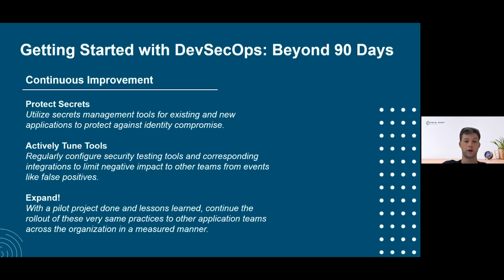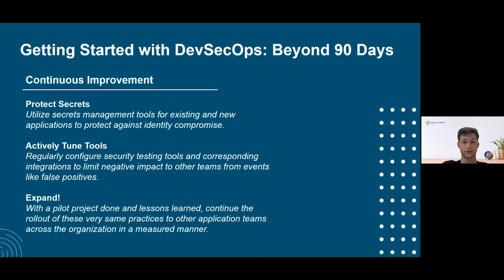Everyone's starting to understand that as these applications continue to integrate, they require access of their own. And in order to limit the overall risk of your organization, it's important to manage the secrets that are used for the applications and the secrets that are used by the developers for all these various tools in a streamlined fashion. So once you get through some of the more fundamental pieces, take a look into secrets management, find out what might make sense for your organization based on whatever sorts of access solutions you're using today.